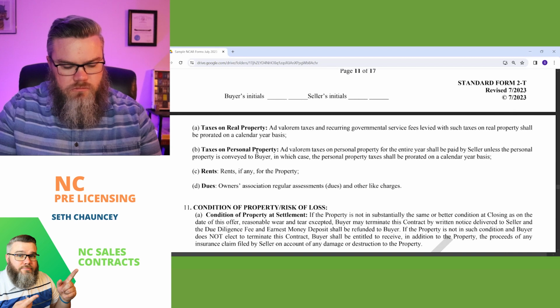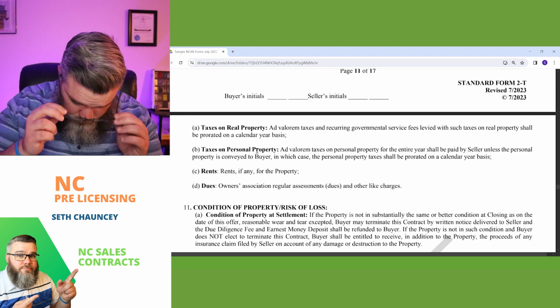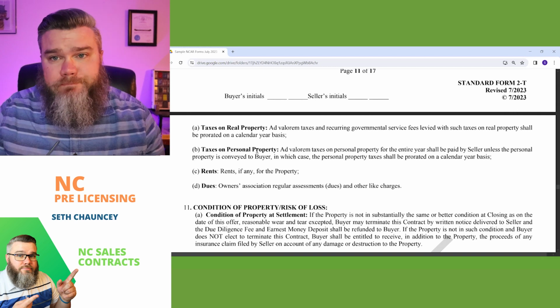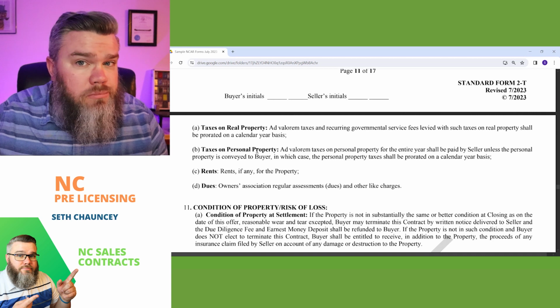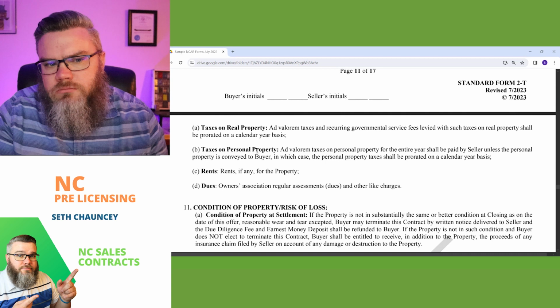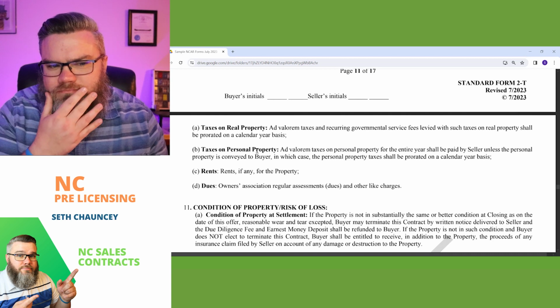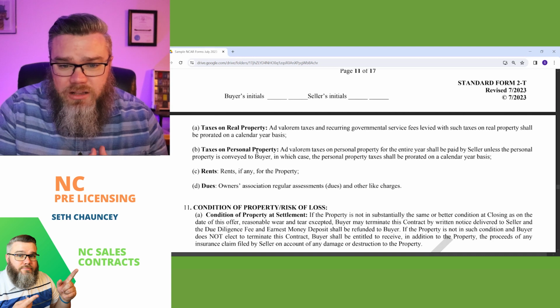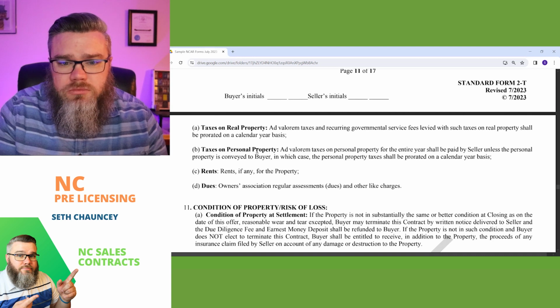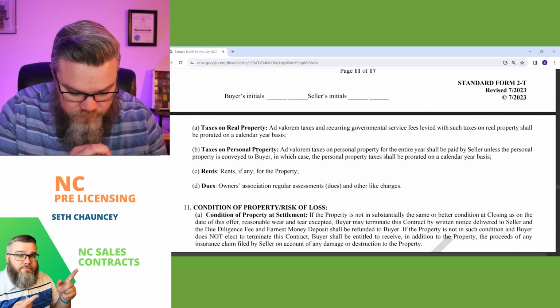Trade fixtures, maybe. What else? Would it be something on the land, like a silo or mineral rights? Maybe a silo. I was going to say they were going to buy the seller's motorcycle.